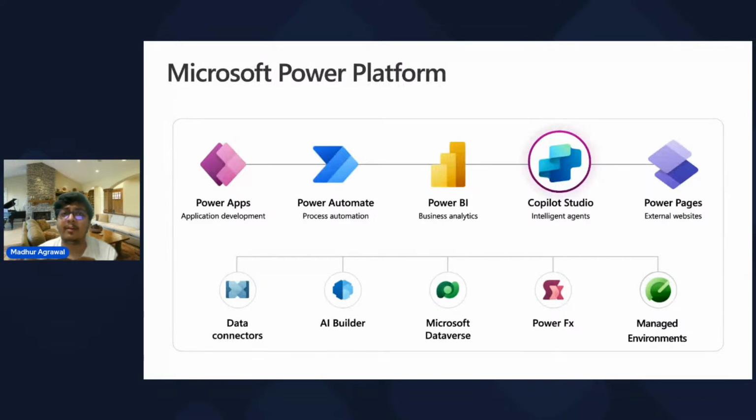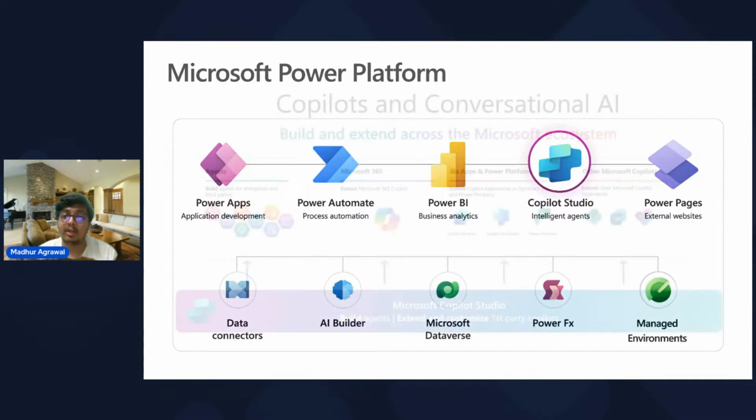The Microsoft Power Platform has this Copilot Studio, which helps you integrate intelligent agents in your data pipelining process, or your applications, maybe your .NET applications, Java applications, and all of that. Copilots and conversational AI, we will be talking about it.